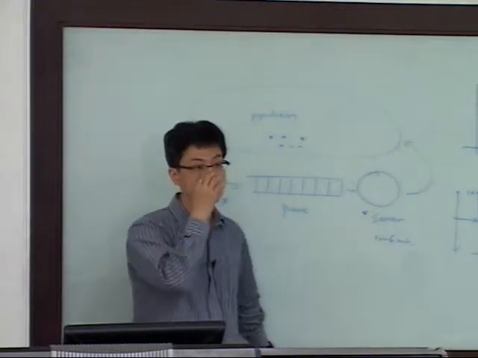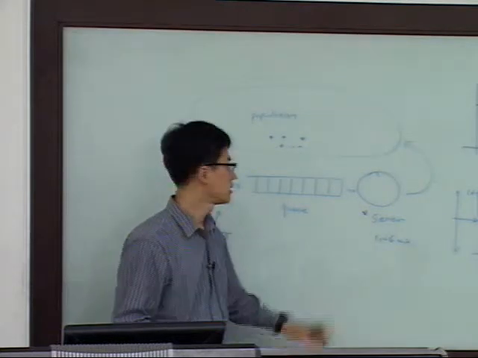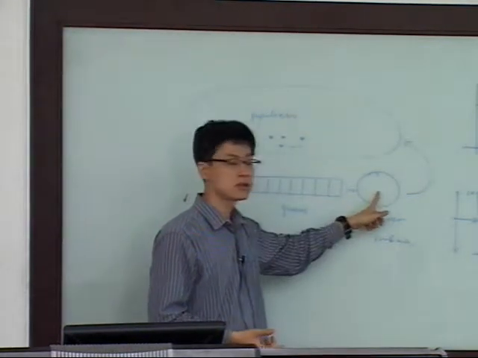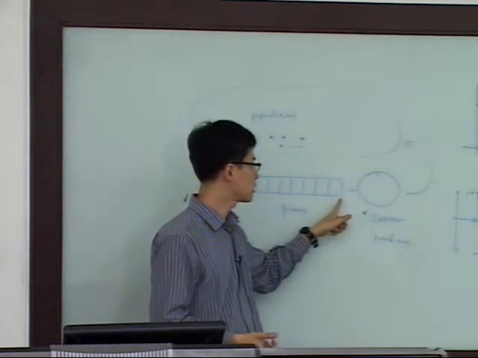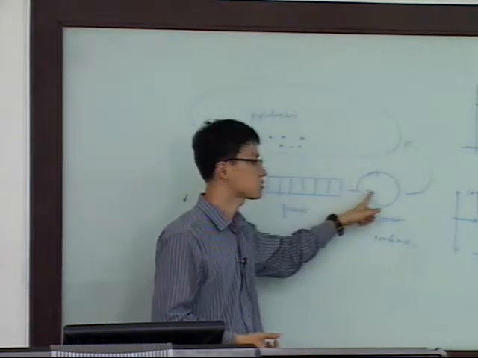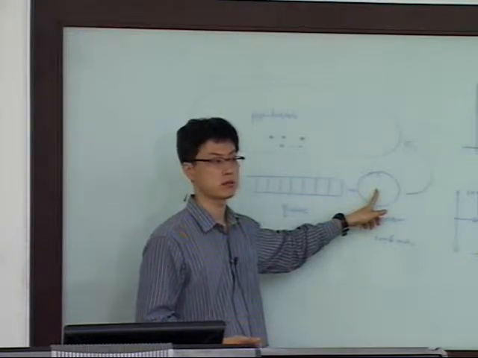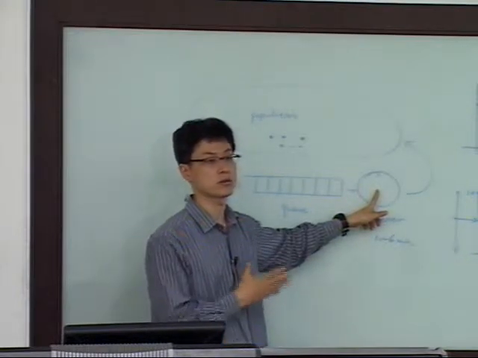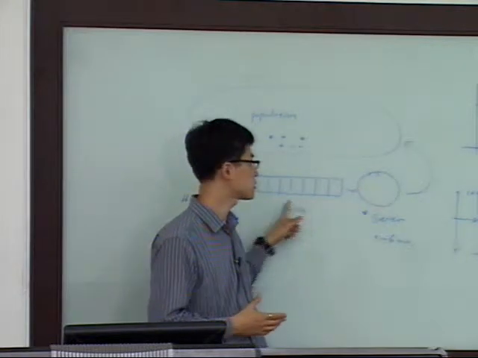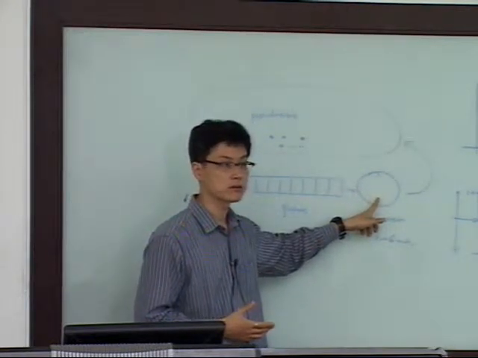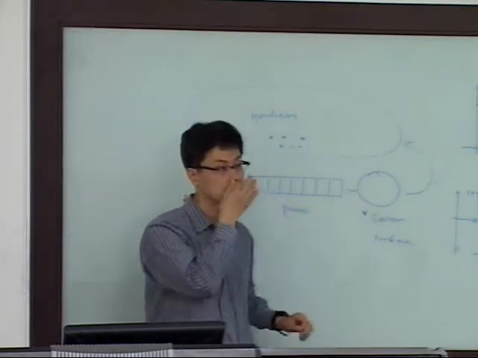However, there are dependencies. If customers are waiting, but the server is idle, it's not a possible state, right? In this model, if customers are waiting, the server should be busy, because of our model.